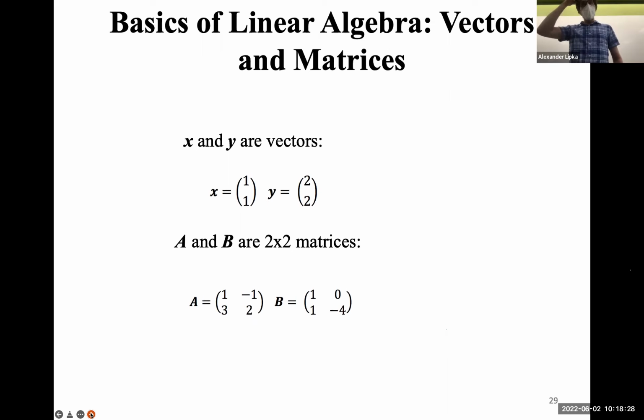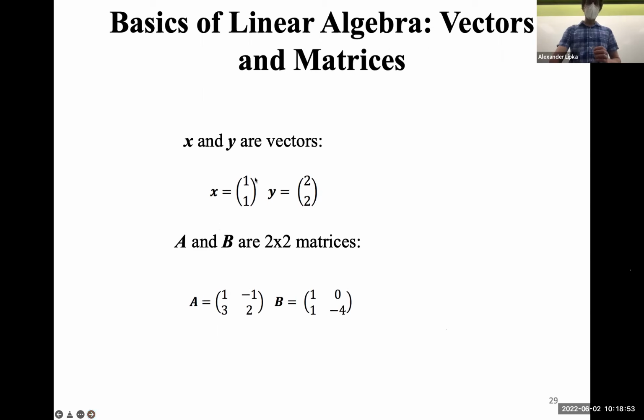Linear algebra is so awesome because instead of doing a whole bunch of calculations n different times, you can put everything into a vector or a matrix and do those calculations just once. The basic building blocks of linear algebra are vectors and matrices.